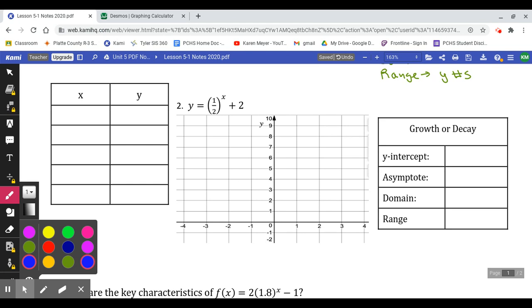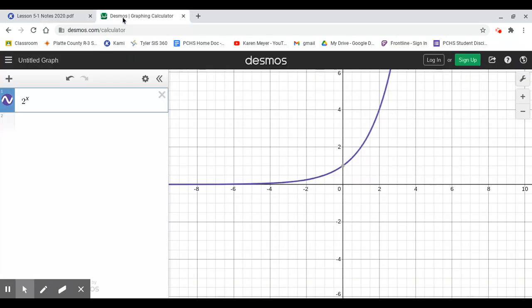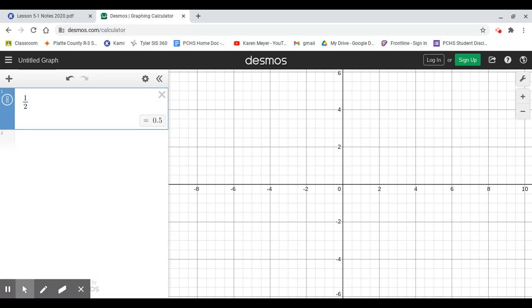okay, the first thing, I'm going to go back to Desmos and I'm going to type that in. So 1 divided by, so I hit my little slash for division, 2. Then I'm going to arrow back out, shift 6, exponent of x. Then I'm going to arrow back down to get out of the exponent, plus 2.